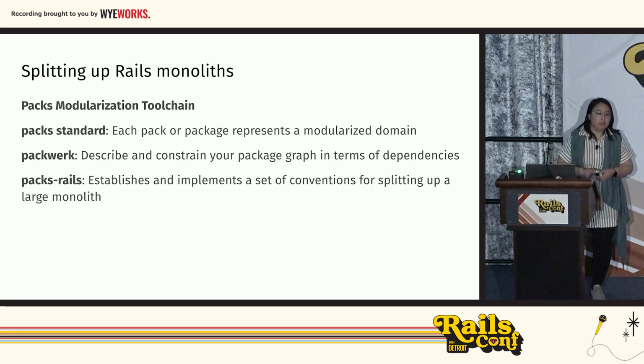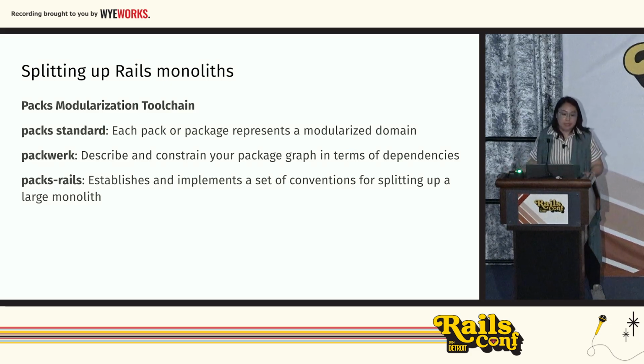And lucky for us, there are a lot of tools now that help us organize our code, starting with the Packs modularization tool chain. The idea with the Packs standard is that each pack represents a modularized domain, a package, and we can describe that package using other tools like Packwerk and constrain that package graph or define dependencies.